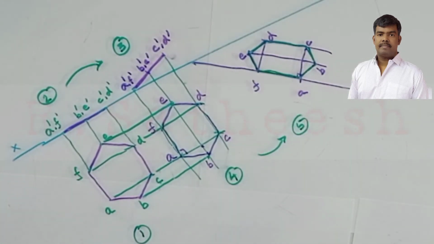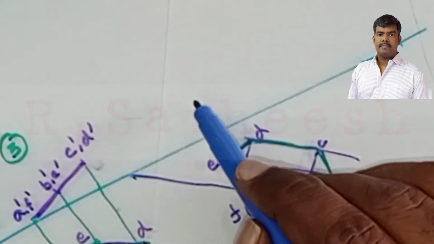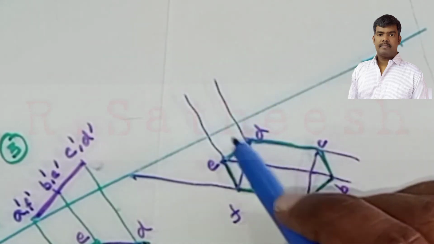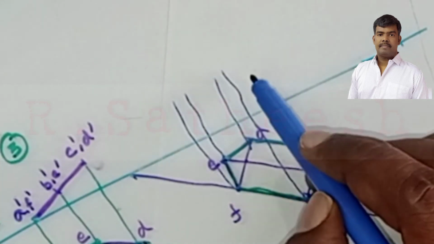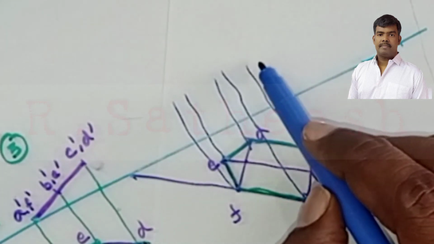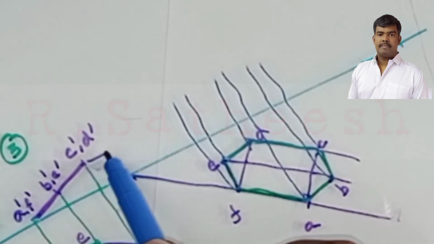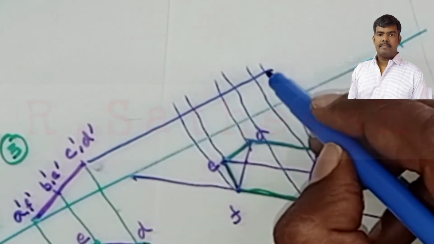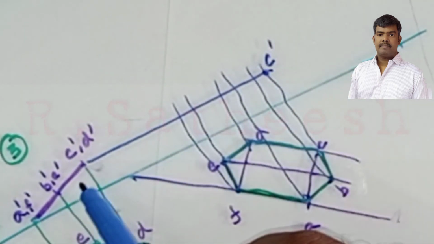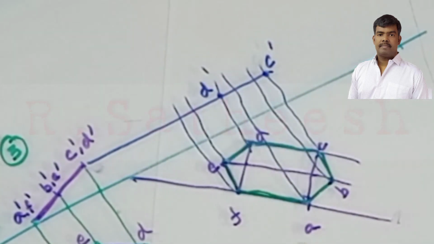Then finally you draw the projection lines from the fifth diagram, for all A, B, C, D, as vertical projection lines. Similarly C comma D: C versus C, this is C dash, and the same D versus D, this is D dash.